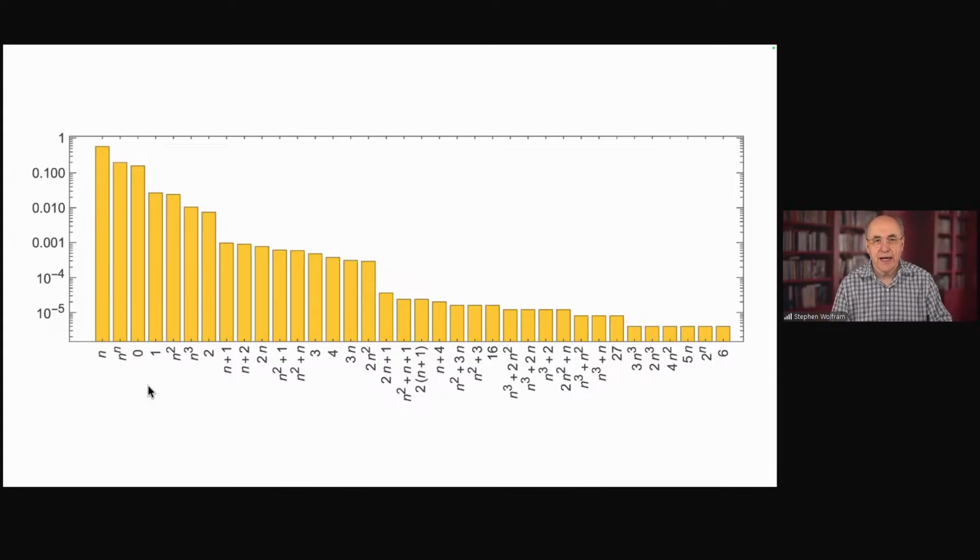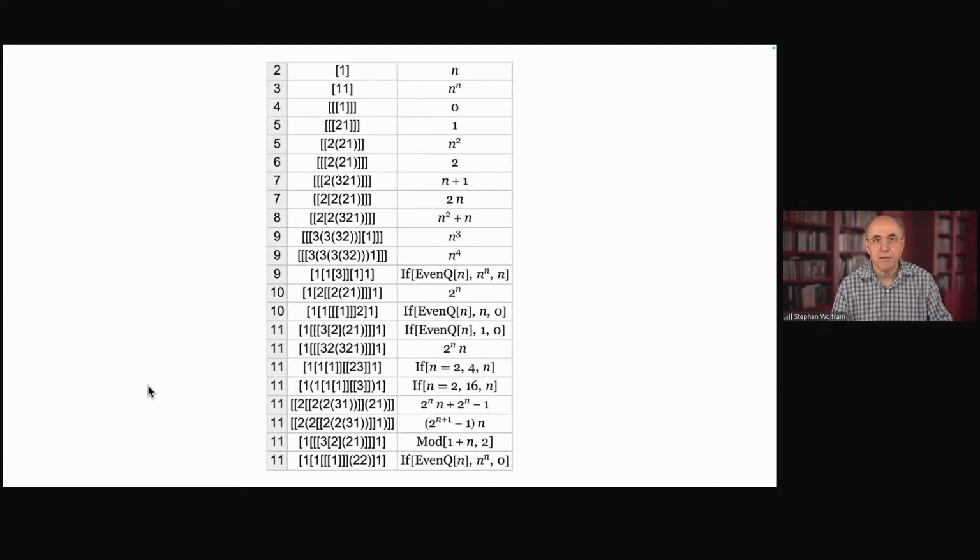So looking at lambdas of successively greater size, here are some notable firsts of where functions appear. And yes, we can think of the size of the minimal lambda that gives a particular function to be sort of the algorithmic information content of that function with respect to lambdas.